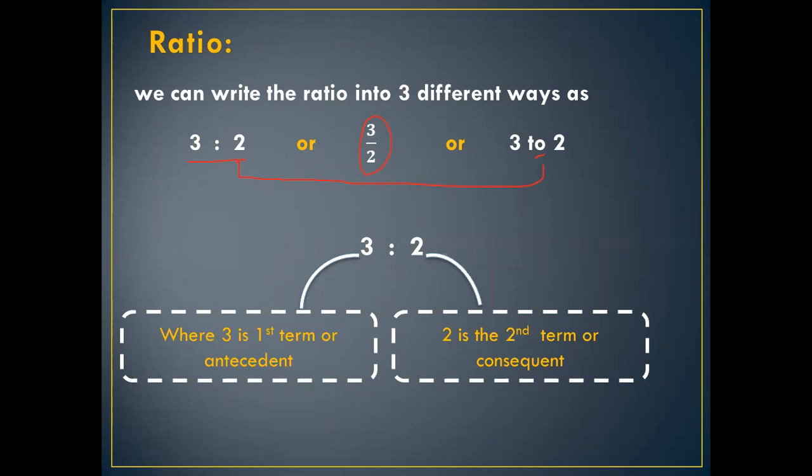So the first one is the first term, called the antecedent, and the second one, the second term, is the consequent. So the order of terms is very important. When I say boy to girl, I will start with boy to girl. When I say girl to boy, I have to say girl to boy. So the order is very important.